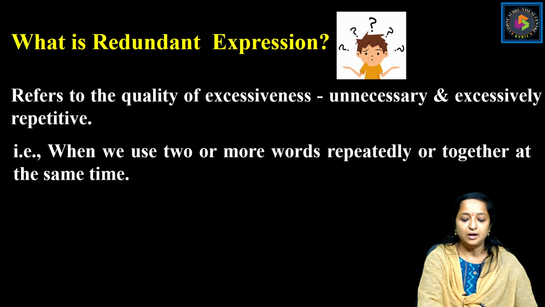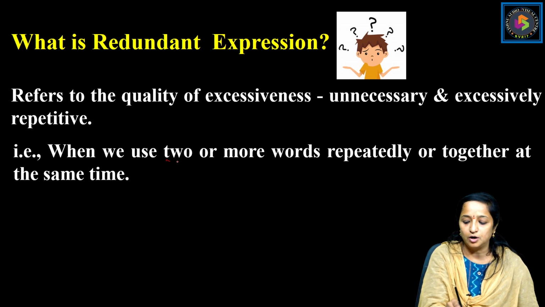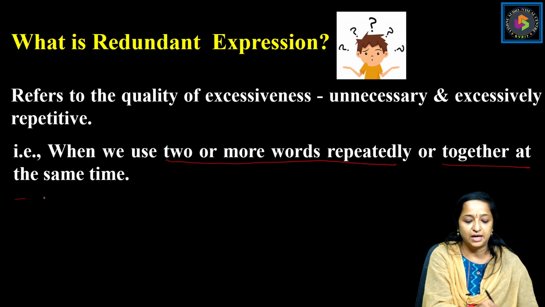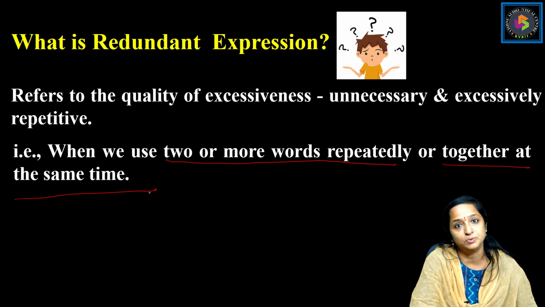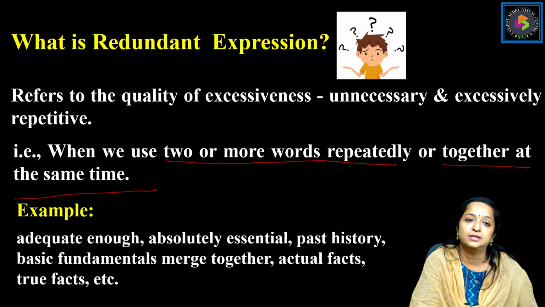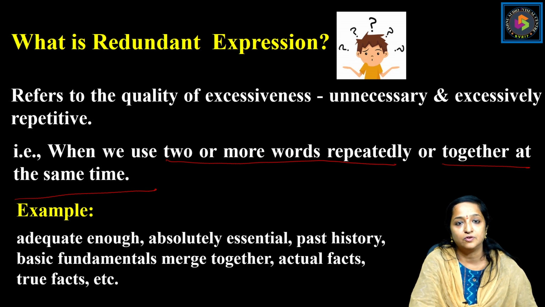That is, when we use two or more words repeatedly or together at the same time, that is said to be redundancy. For example, adequate, enough. Here we can see that adequate and enough both have the same meaning, so we can use either adequate or enough in the sentence.